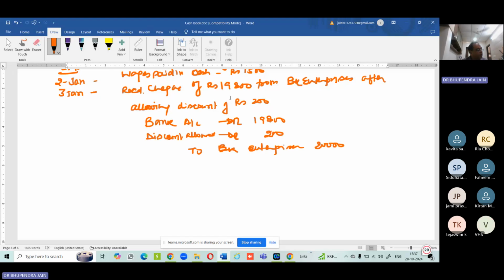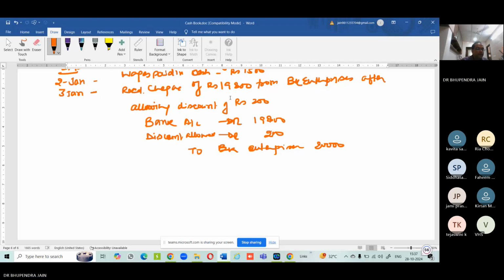The total amount due from VK Enterprises is rupees 20,000, but out of 20,000 we received a check of only rupees 19,800 after providing a discount of rupees 200. In that case, the 200 rupees is a loss for the company, so this is the discount allowed. So bank account debit, discount account debit, and to VK Enterprises.